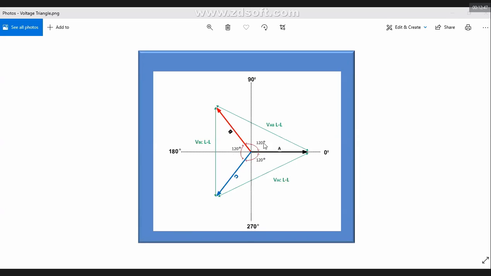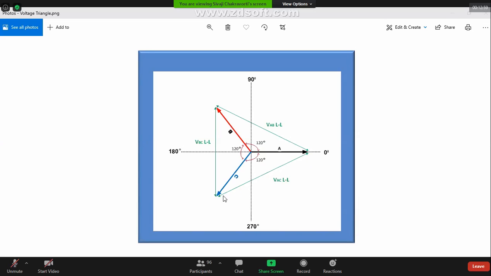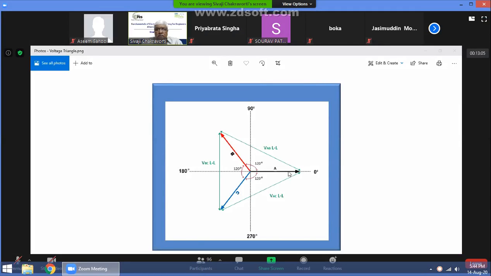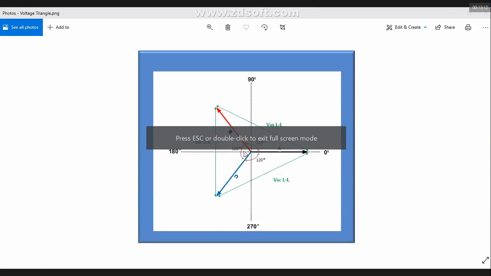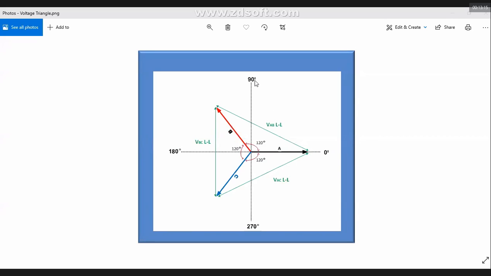And if you apply your knowledge of geometry, which you know much better than me, you can easily prove that between this black arrow and this green arrow, which is that equilateral triangle arm, there will be a magnitude relationship of √3. That means this equilateral triangle arm will be √3 times the black arrow.